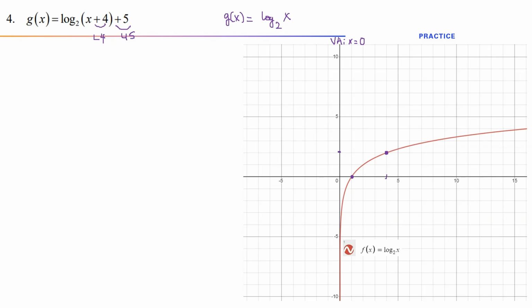Now because we move to the left 4 units, it means the vertical asymptote has to move to the left 4 units as well. So we have the new vertical asymptote, x equals -4.